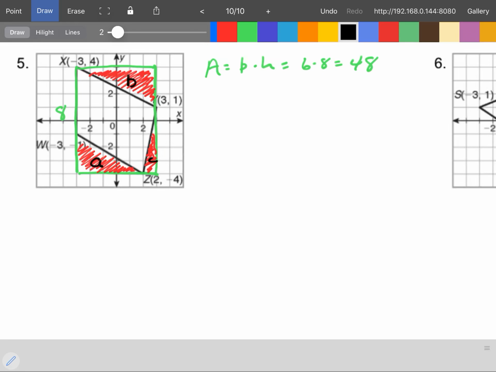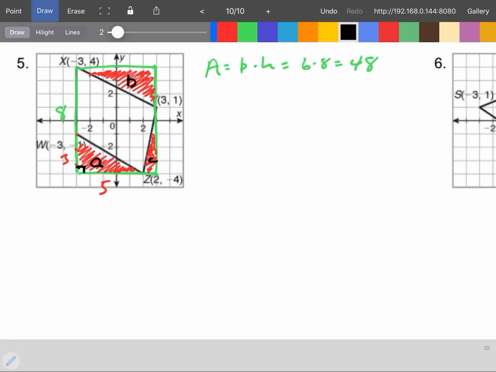So triangle A has a base of 1, 2, 3, 4, 5. So that has a base of 5 and a height of 1, 2, 3. And that is definitely a right angle right here. All right, and let's label all of these at once.